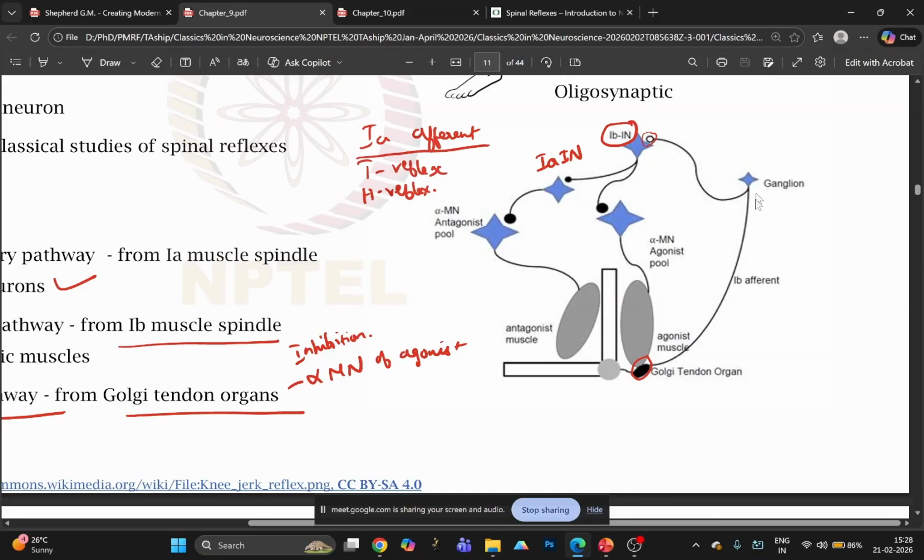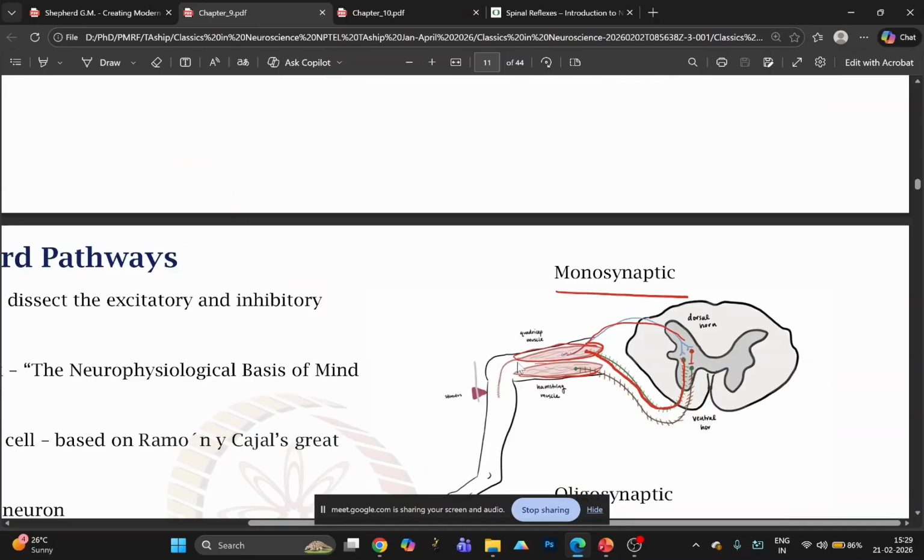When they go to the spinal cord, they will synapse with the 1B interneurons. And the 1B interneuron will synapse with the alpha motor neurons of the agonist itself.